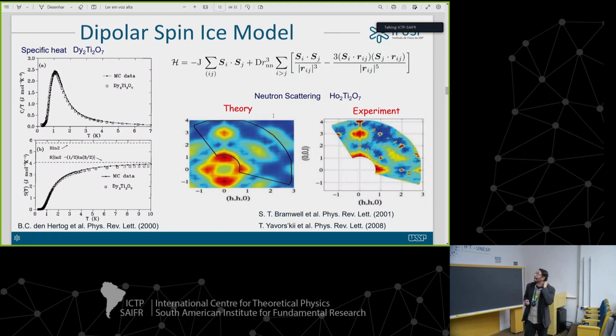Okay, from the theoretical point of view, one of the first models to understand spin ice was the so-called dipolar spin ice model, where you take into account first neighbors only in the Hamiltonian, and then this dipolar term, since again, each one of these ions, dysprosium and holmium, has a very huge magnetic moment, about 10 Bohr magnetons.